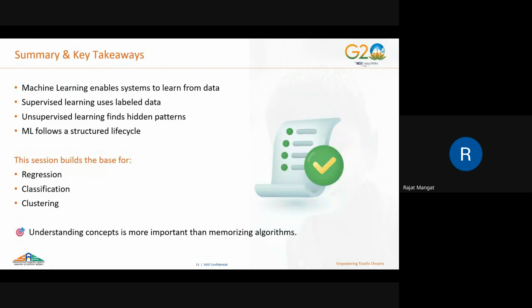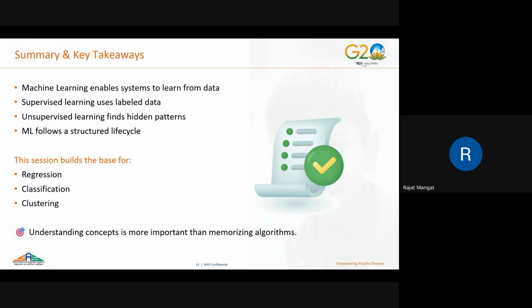Summary and takeaways from today's session are as follows. Machine learning enables systems to learn from the data. We have seen it. Supervised learning uses labeled data. Unsupervised learning finds hidden patterns. And ML follows a structured life cycle that we have seen in the earlier slide. This session builds the base for regression, classification, clustering that we will be seeing in upcoming sessions.